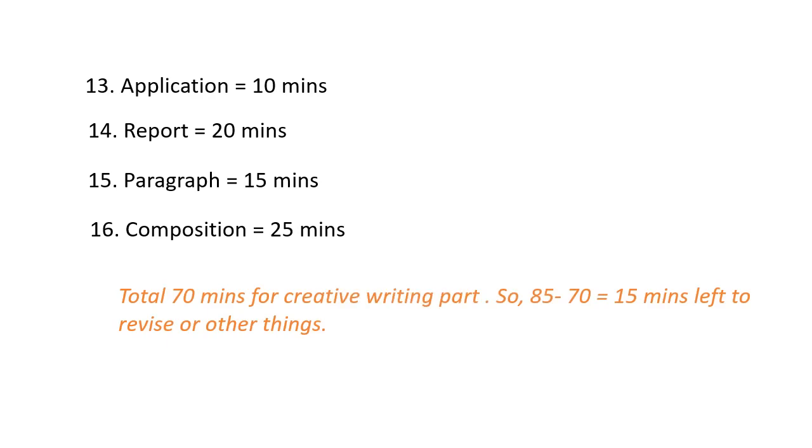Number 15, paragraph, 15 minutes. Number 16, composition, 25 minutes. So a total of 70 minutes for the creative writing part. So 85 minus 70 equals 15 minutes left to revise or other things. So in English second paper, you have more time to revise or think about the questions and answers.